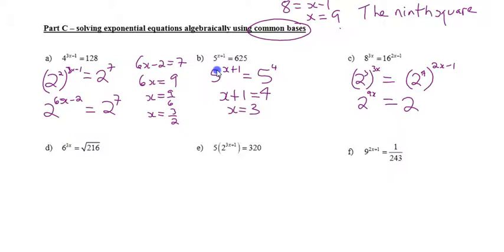Let's go 4 times x, minus 4. Okay, what's the next line? 9x is equal to 8x minus 4, which means that x is equal to negative 4.